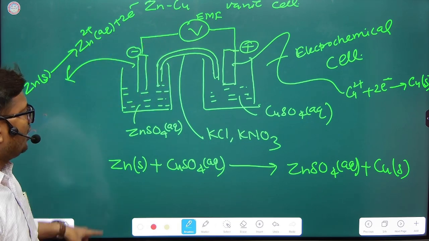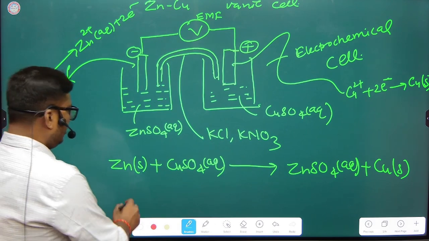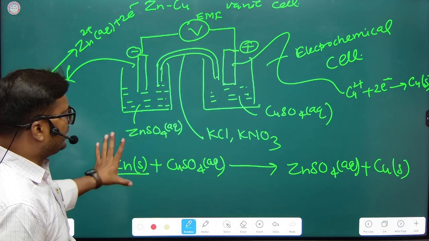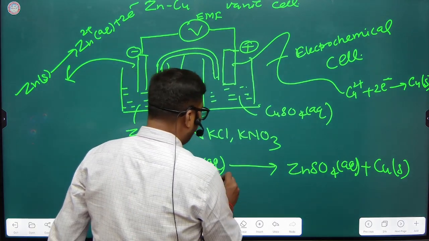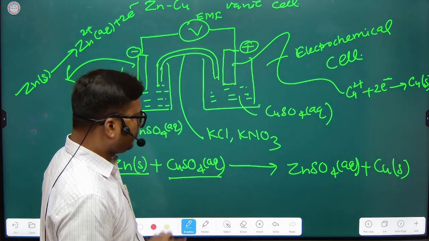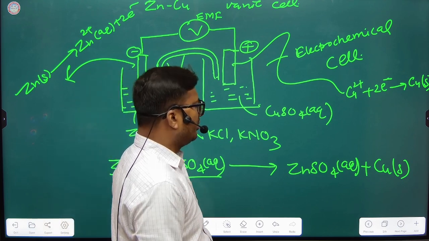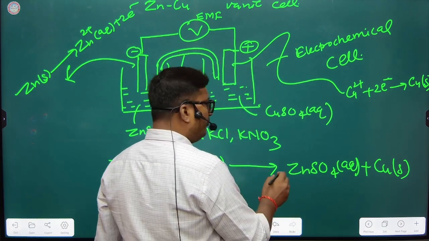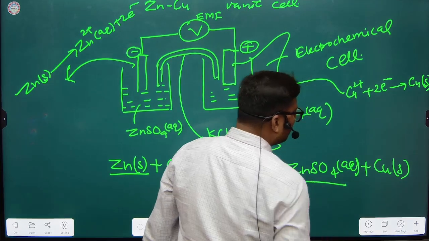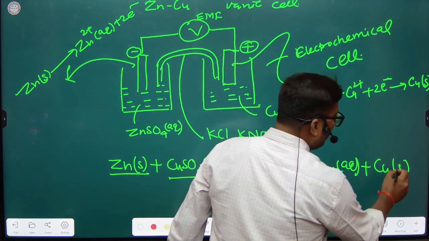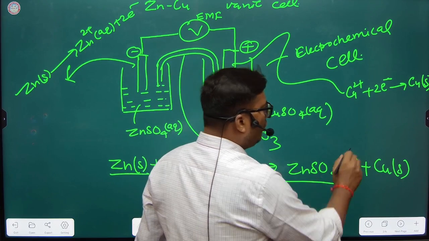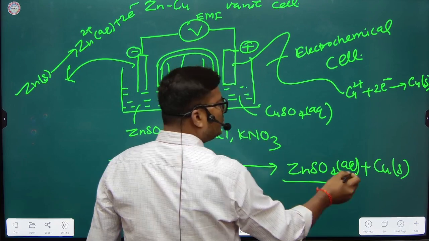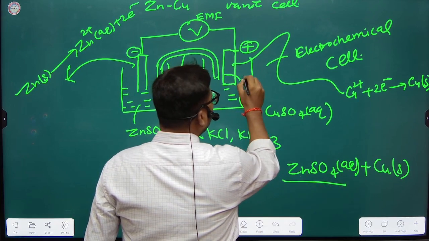So here what you have observed: zinc solid, that is the zinc rod, if it is dipped into copper sulfate solution, then the reaction starts and it ultimately forms zinc sulfate aqueous and copper solid, which is precipitated out on the cathode. So this cathode actually deposits copper, right?